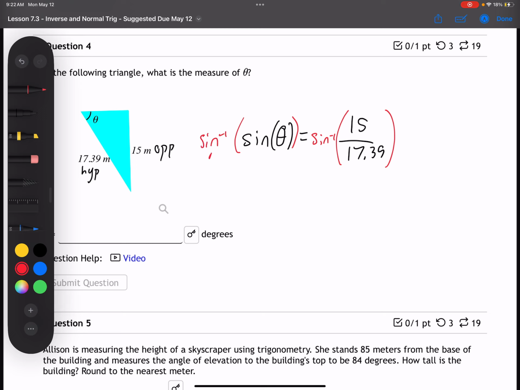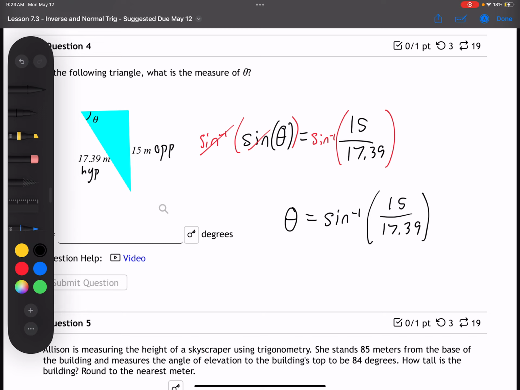And these two are inverses of each other, just like squaring and square rooting, or addition and subtraction. These will undo each other, so the sines will cancel out, and you're left with just theta equals the inverse sine of 15 divided by 17.39. And that is the answer.